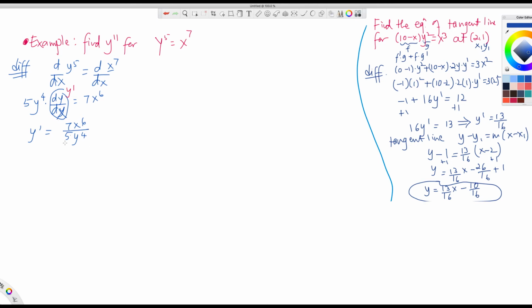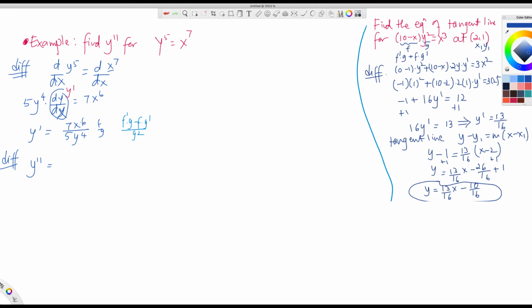Now what you want to do next is find the second derivative, right? Again differentiate this. What you get here is y double prime equals, this is like f over g, right? So what is the formula for f over g? Do you remember that? It is f prime times g minus f times g prime over g square, right? That's the derivative. Okay. So what do you get there then?